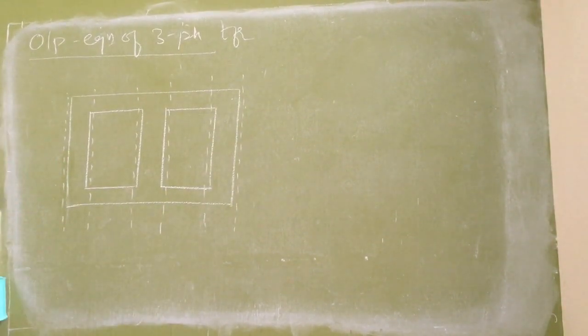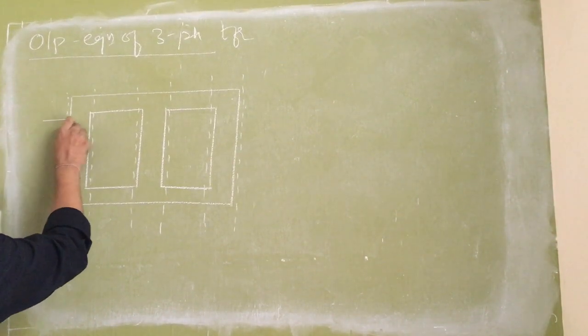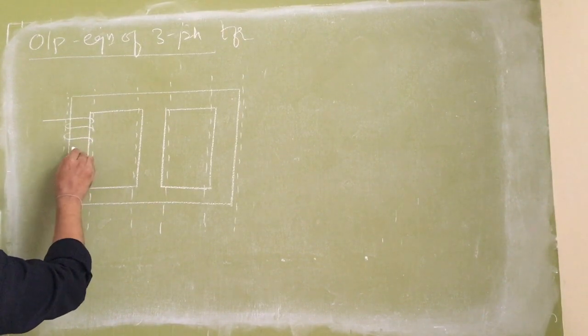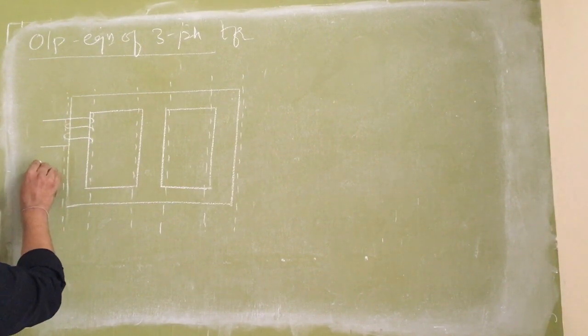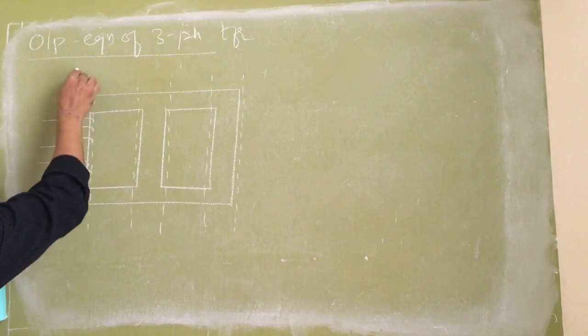So this is the diameter of circumcircle. So let this be R phase.